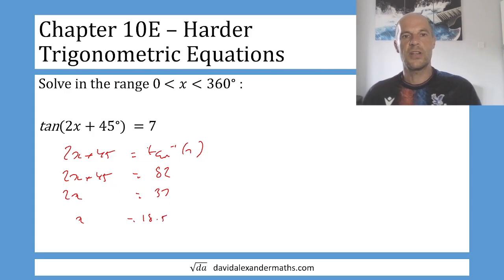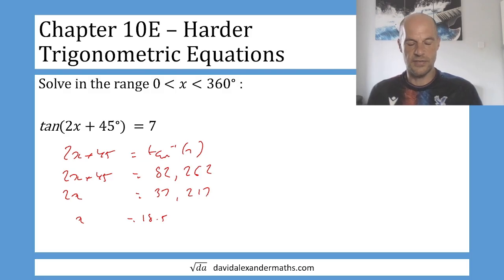Now, our first solution, when we were doing the inverse tan of 7, was 82. So the next one is going to be 180 plus 82, which is 262. So 2x plus 45 equals 262. So if I subtract 45 from that, I'm going to get 217. And then if I divide that by 2, I'm going to get 108.5.